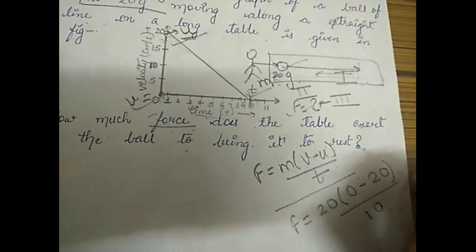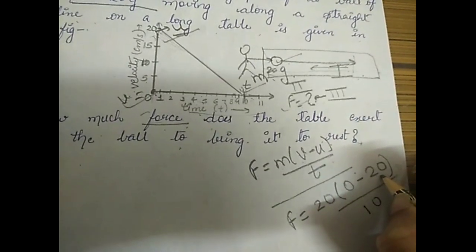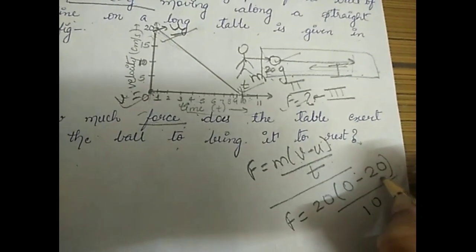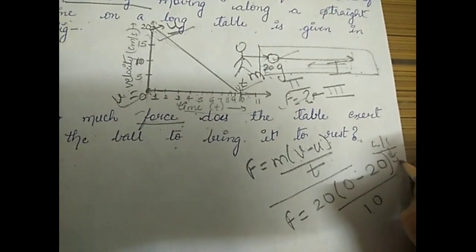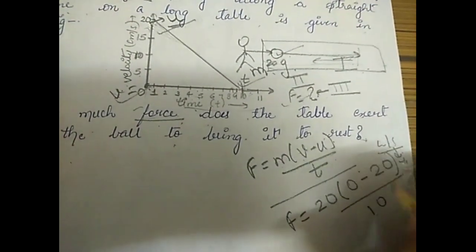But the unit of initial velocity is centimeter per second, so you have to convert it in meter per second first, then you will solve.